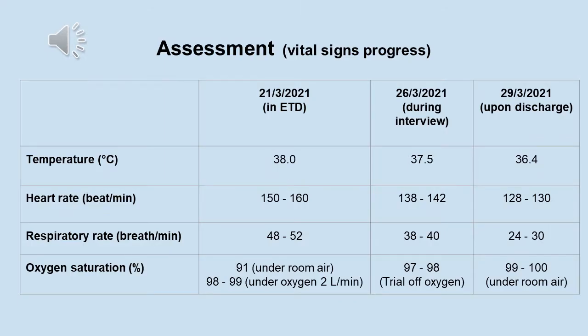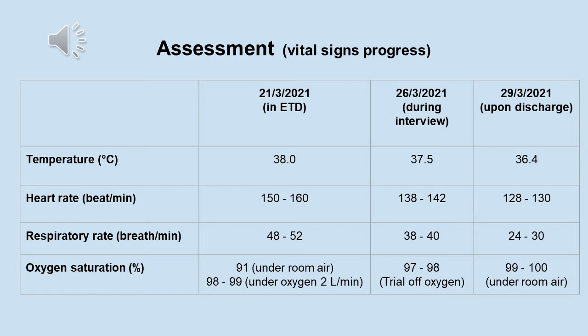The assessment for child A was taken. Her vital signs progress was taken at 3 points: in ETD, during interview, and upon discharge. On the 21st of March in ETD, her temperature was 38 degrees Celsius, which is considered high for a child.